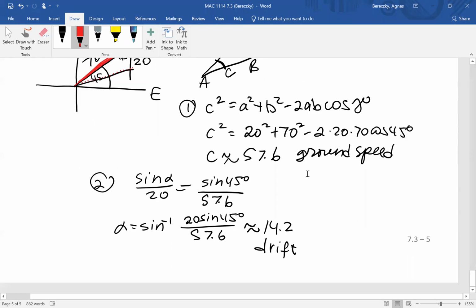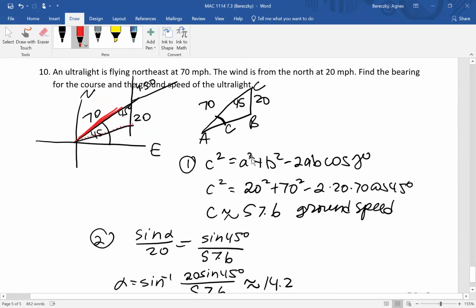So now we have this angle. We always measure it from north. So we have, this is 45 degree now.